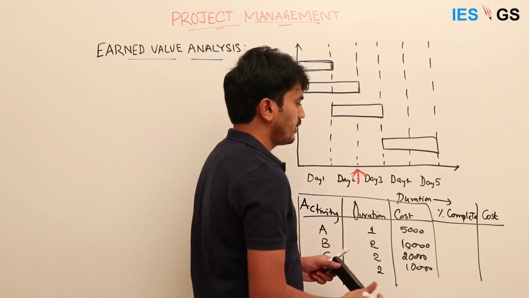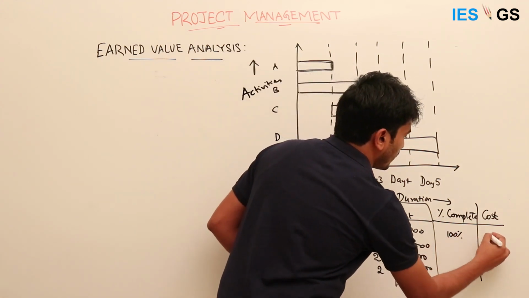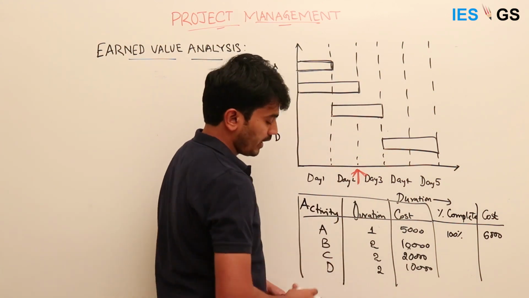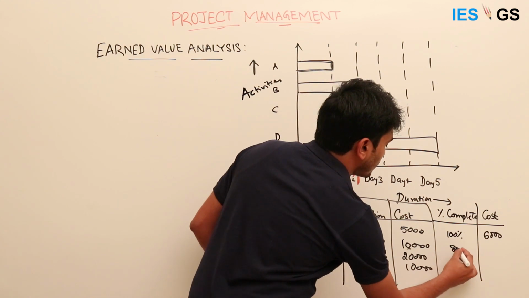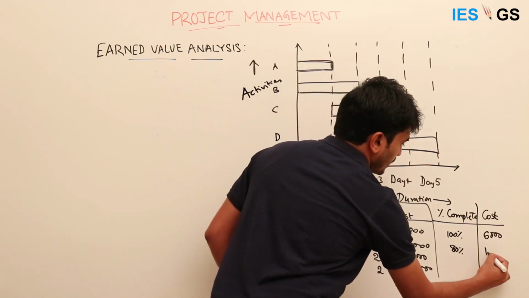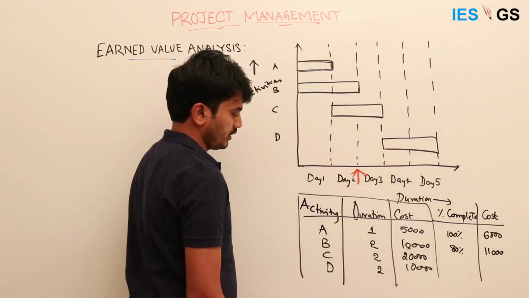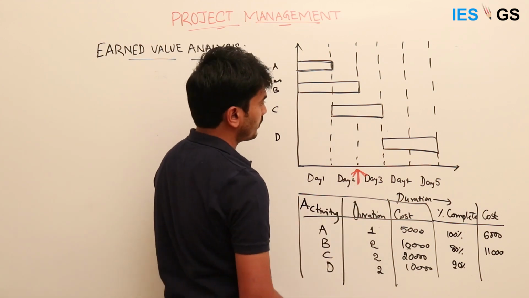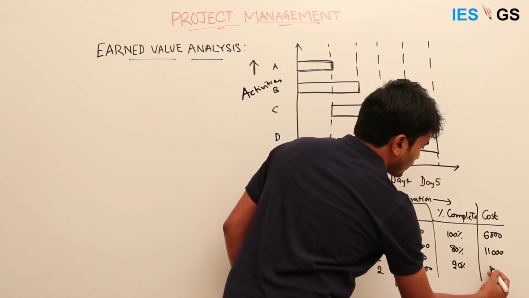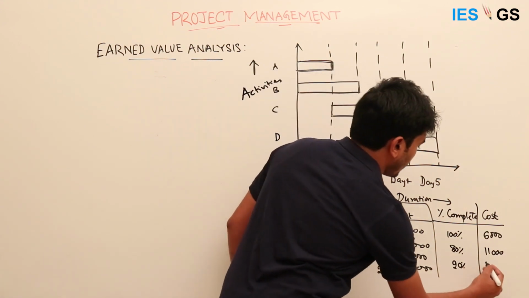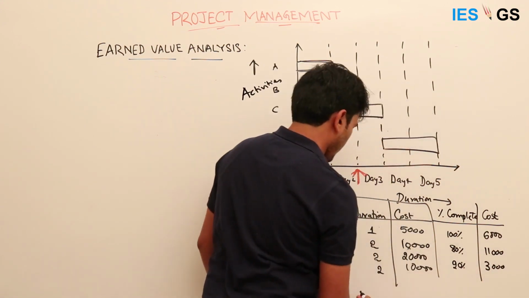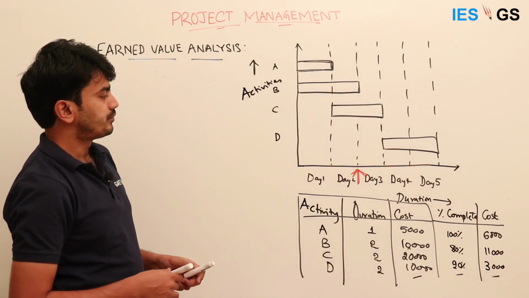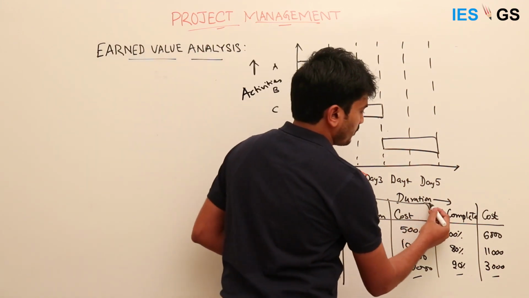Suppose A is completed 100% and it cost 6,000, at the end of day 2, and B is completed 80%, and for this 80% it cost 11,000, and C completed 20% by the end of day 2 and it cost say 3,000, and D hasn't started, so there is no data for that.